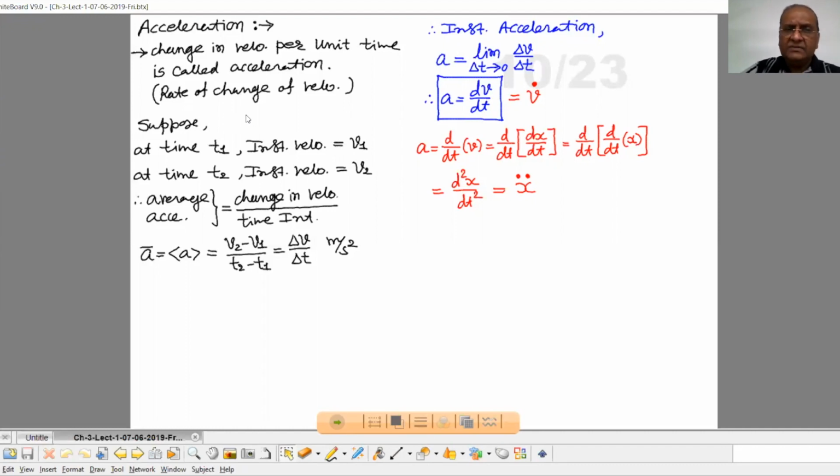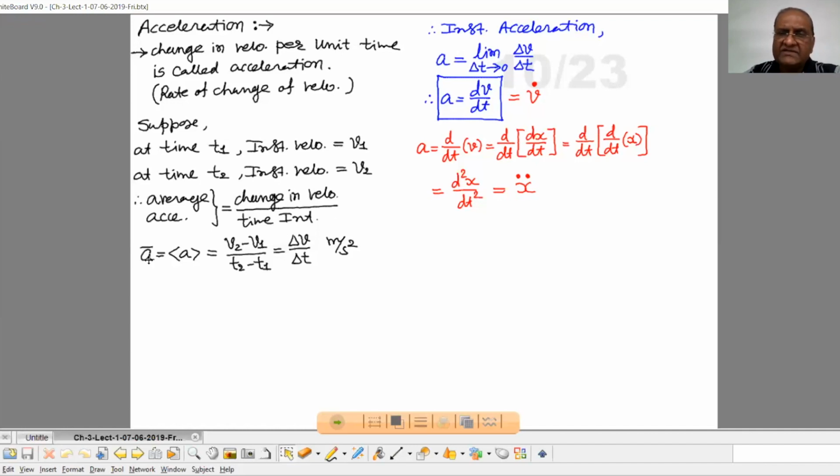Now, suppose at time t1 instantaneous velocity is v1, at time t2 instantaneous velocity is v2. So average acceleration is defined as change in velocity upon time interval.